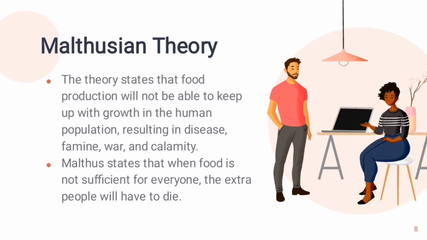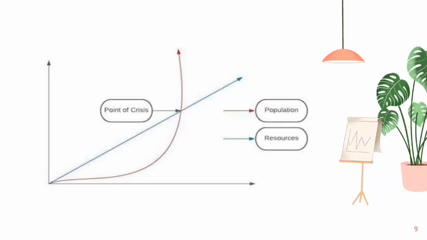tayo ng crisis. So, just like this graph, the blue line is the resource, which is constant lang yung changes niyan. Constant lang yung taas ng number. While population is meron tayong mga circumstances at mga factors na hindi natin mapipigilan yung pagtaas ng population. Kaya nagkakaroon nito ng hindi constant na dami or hindi constant na mark ng number nito.